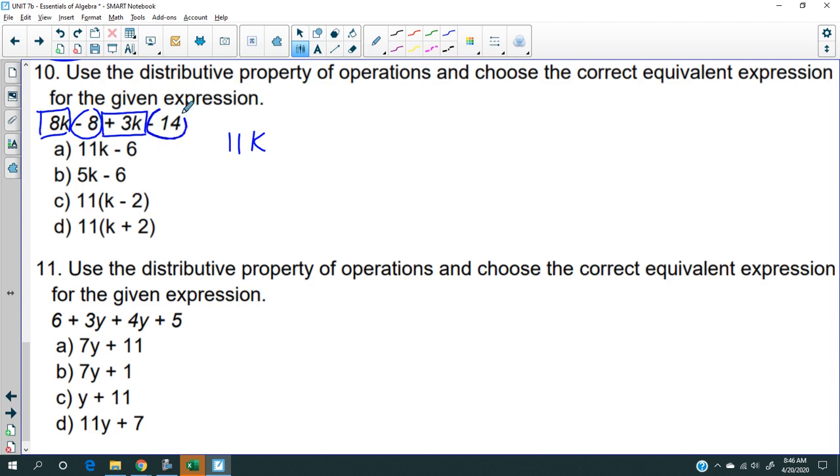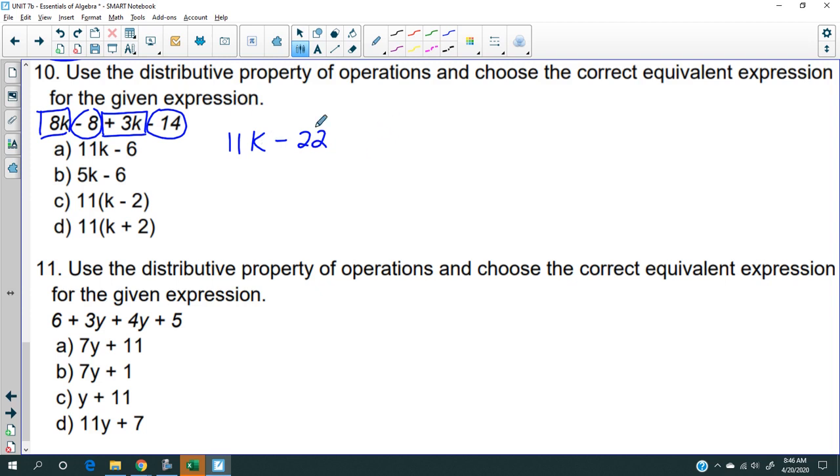You borrow another 14. How much money do you owe them now? Yeah, 22, right? You owe them $22. Got that? Now, unfortunately, if you look at this, none of these 4 choices matches this guy, which means which of these expressions is the same or equivalent to this one right here.